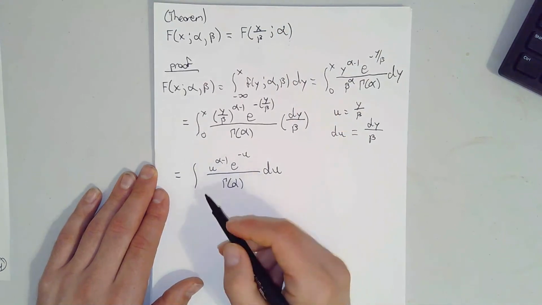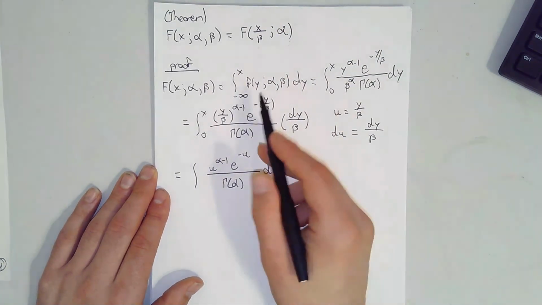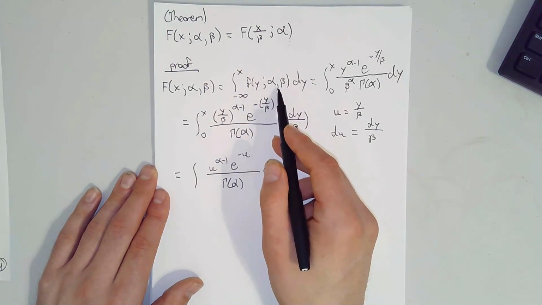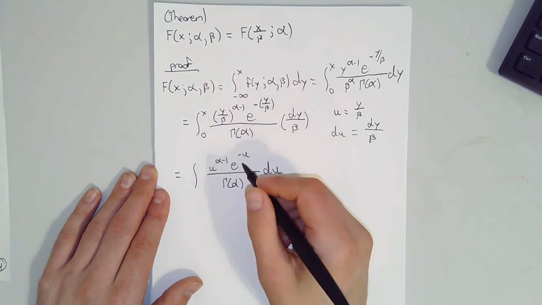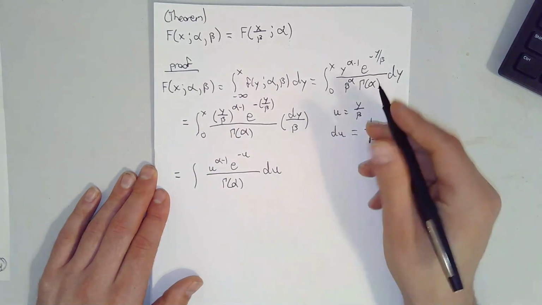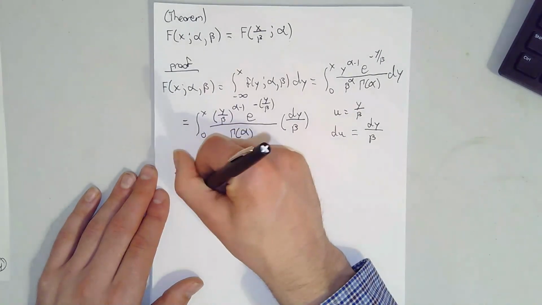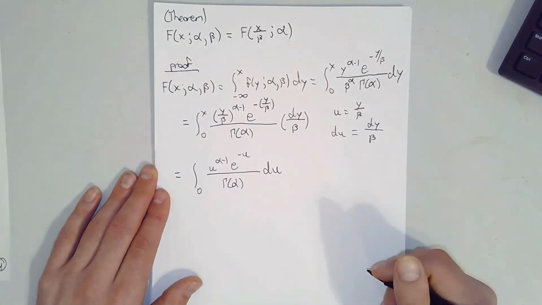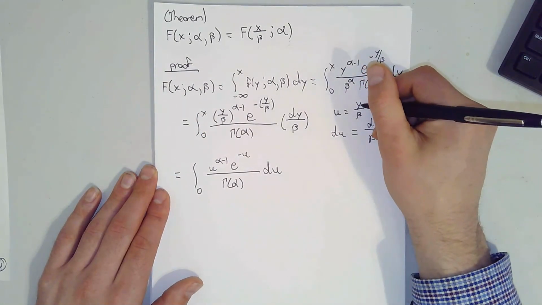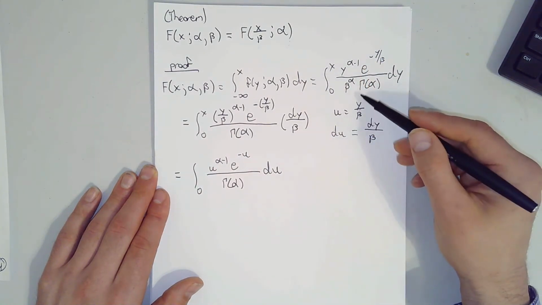But unlike before, where we did this trick to verify that this inside here is actually a PDF, our bounds do not stay the same. They're not from 0 to x. Now the bottom one is. So when y is equal to 0, u is also equal to 0. The top bound changes. When y is equal to x, u is equal to x over beta.